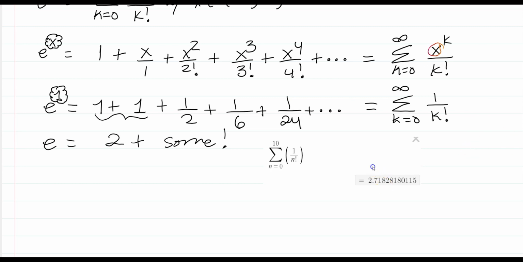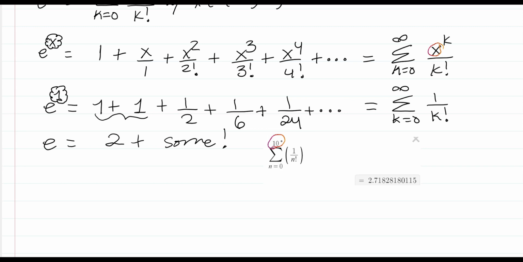And we can see that the value that comes out to be is approximately 2.71828 when k is up to 10. If we have gone out all the way to 10, that's the value. And if we change it to like 100 or 1,000, it doesn't change that much. So this right here is a really good approximation for the number e, right?